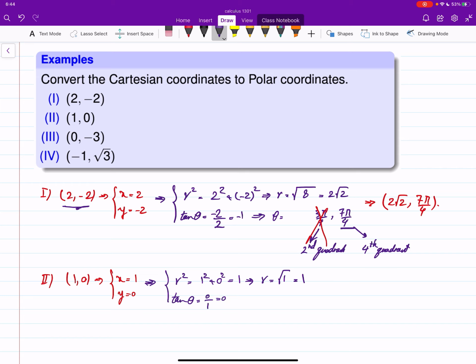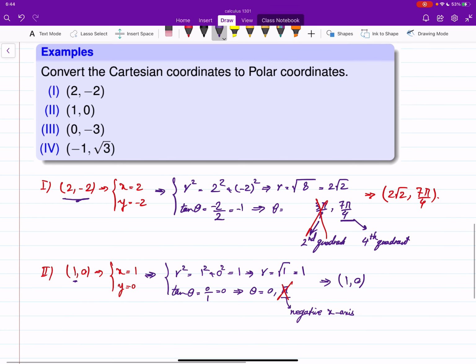Here, then theta can be either 0 or pi. If it is pi, it's going to be on the negative x-axis. But this is on the positive one, and that's why this will go away and our theta will be 0. So this is 1 and 0. The same one.